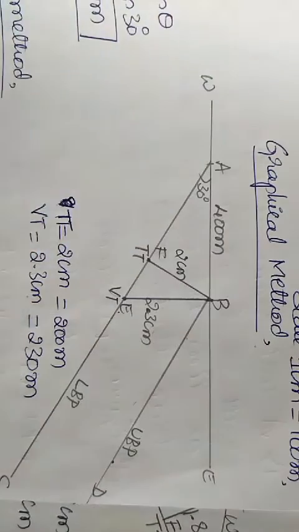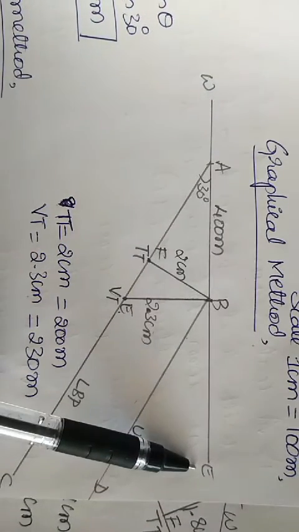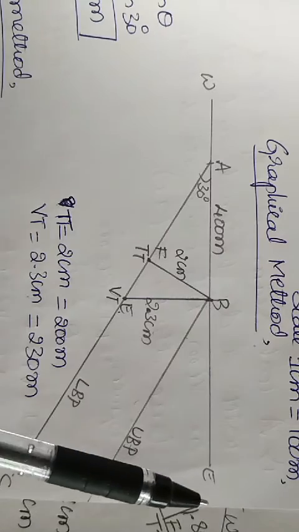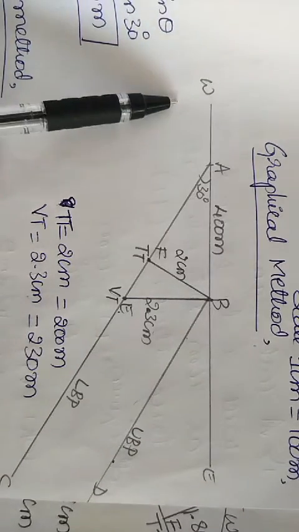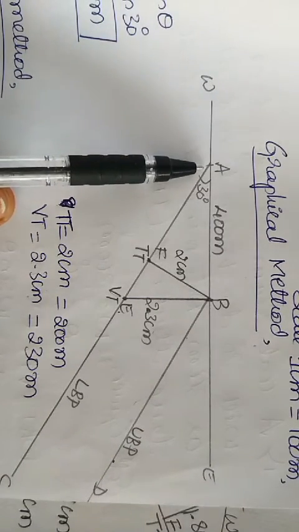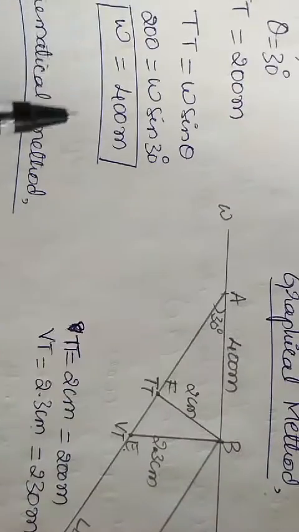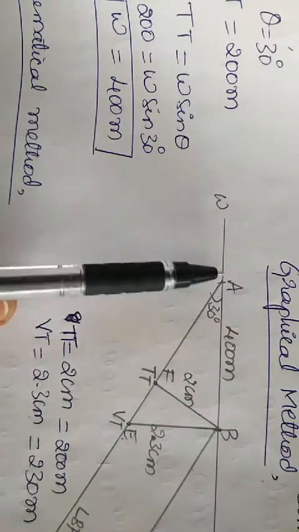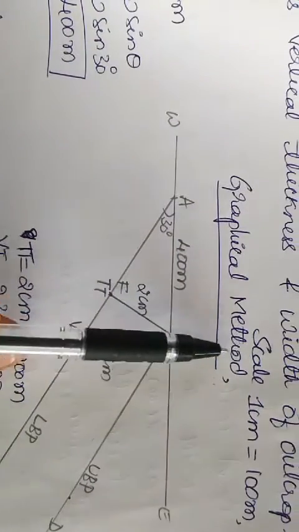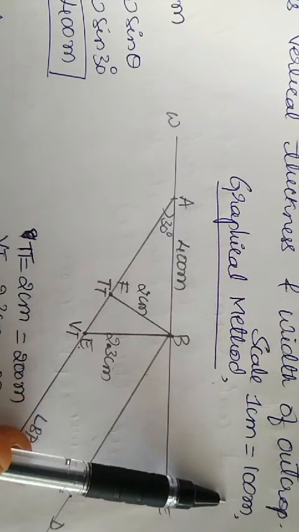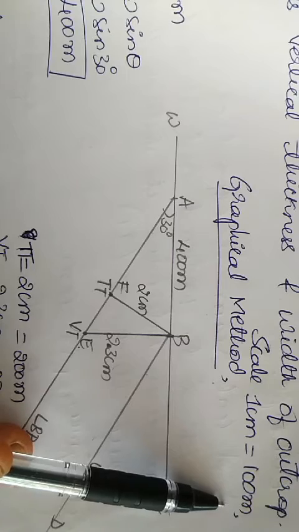Next we will see the graphical method. First draw any line and mark the directions east and west. Mark any point A on this line, and from here measure the width of the outcrop, that is 400 meters. The suitable scale for this problem is 1 centimeter equals 100 meters.